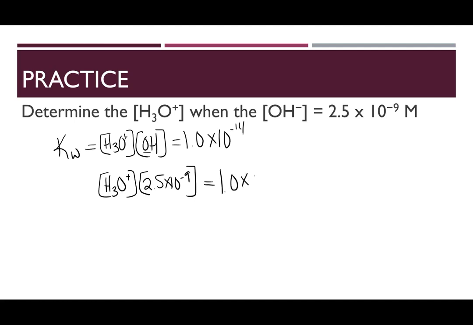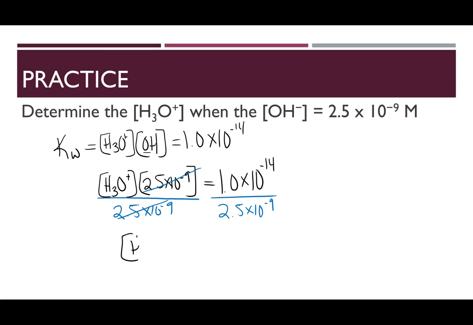And the product of those is always this. Okay. So to solve for hydronium, I'm going to divide by 2.5 times 10 to the negative 9th. So that cancels. Divide by 2.5 times 10 to the negative 9th. And we get that our hydronium concentration equals, so we'll take 1.0 times 10 to the negative 14th divided by parentheses 2.5 times 10 to the negative 9th.